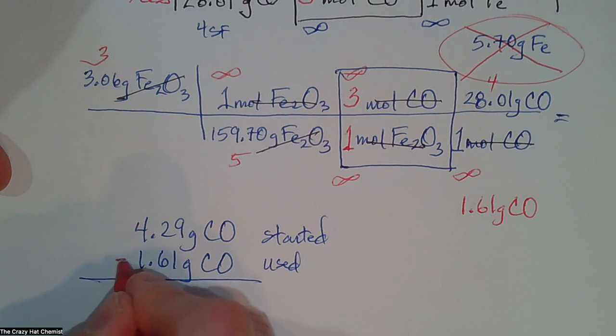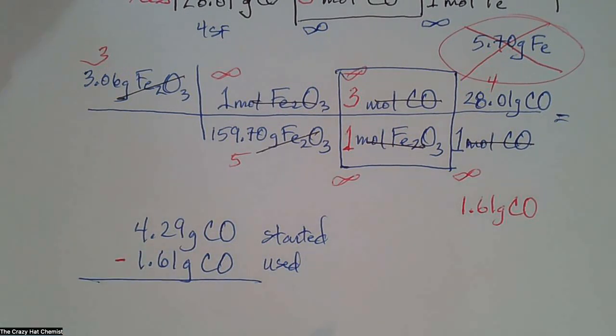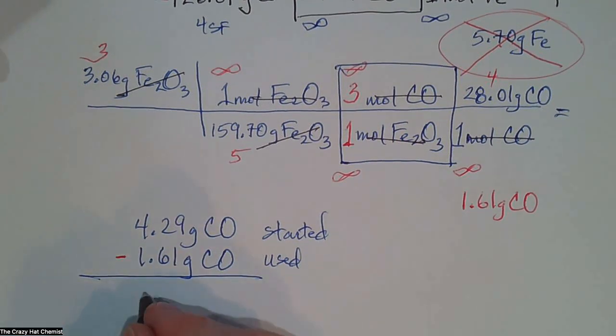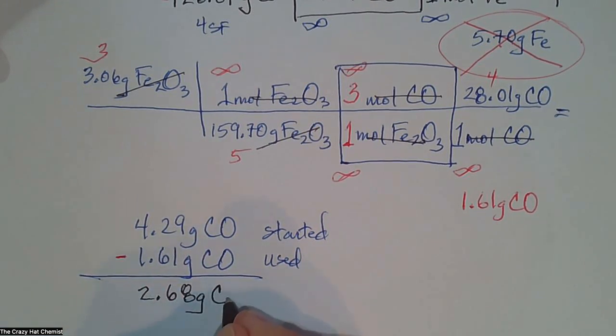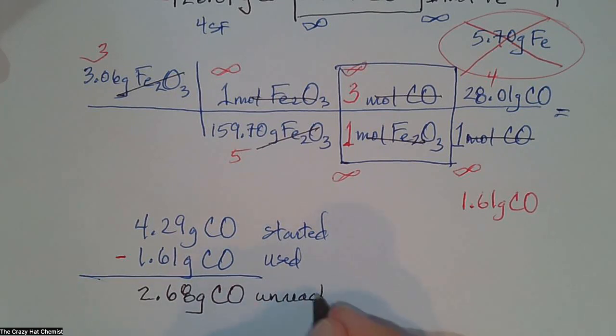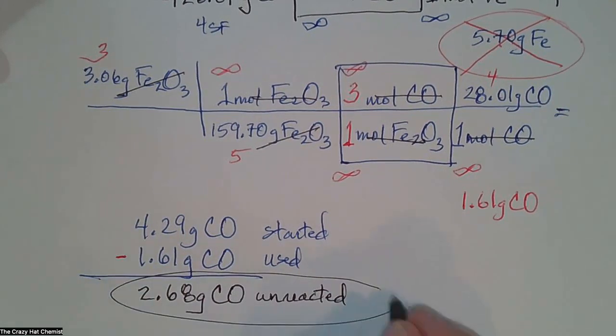I'm going to subtract these two, and then I'm going to get a numeric value. And that is 2.68 grams of carbon monoxide that is unreacted. This is my leftovers. Hopefully that one looks pretty good.